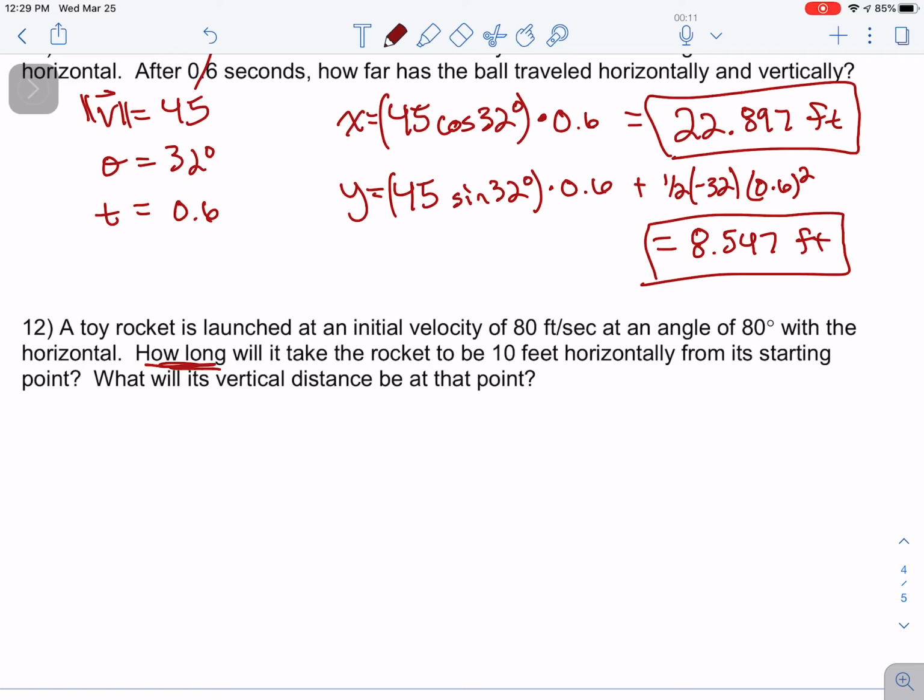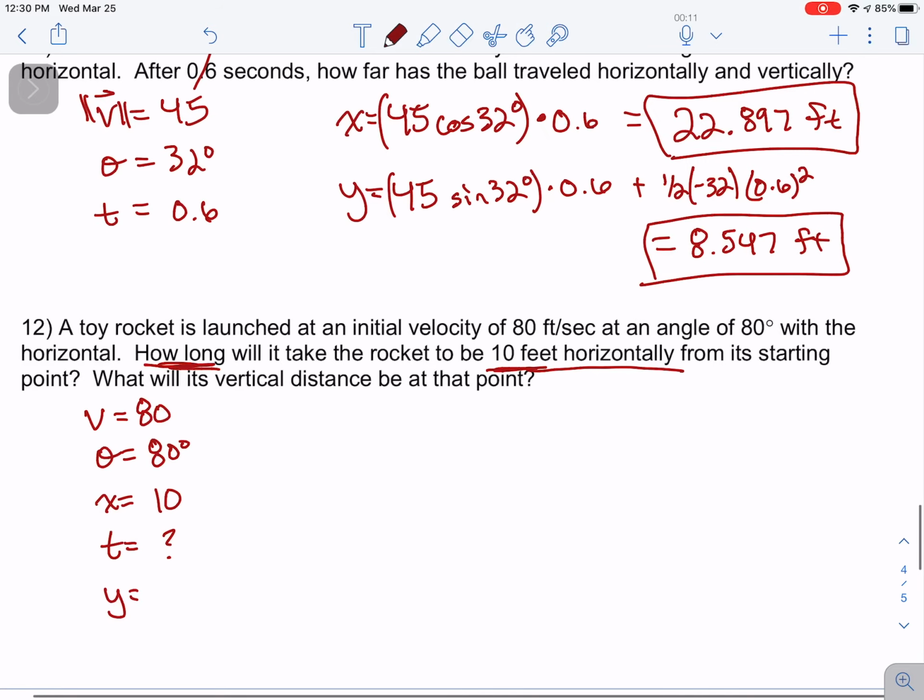So we have v, which is 80. We have theta, which is 80 degrees. We actually have our x value, which is going to be 10, because it's 10 feet horizontally. We do not know our time, and we do not know our vertical distance. So we need those two things.